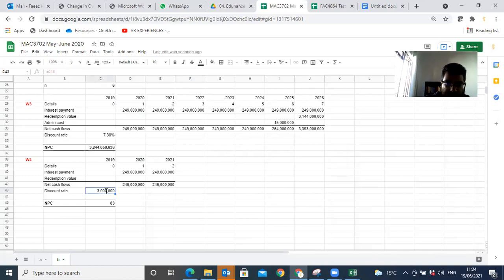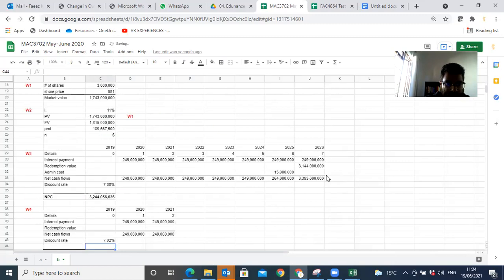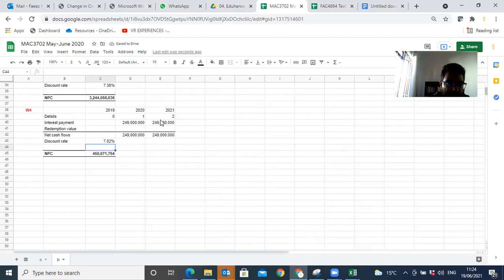Discount rate is going to equal 7.02. Okay, so that's our discount rate. So I'm going to remove this. So just so you can see the picture.